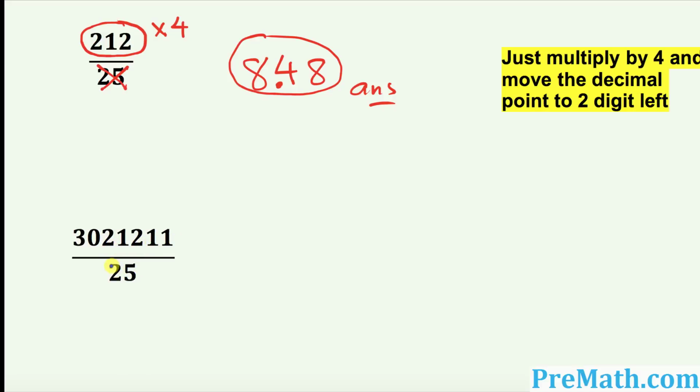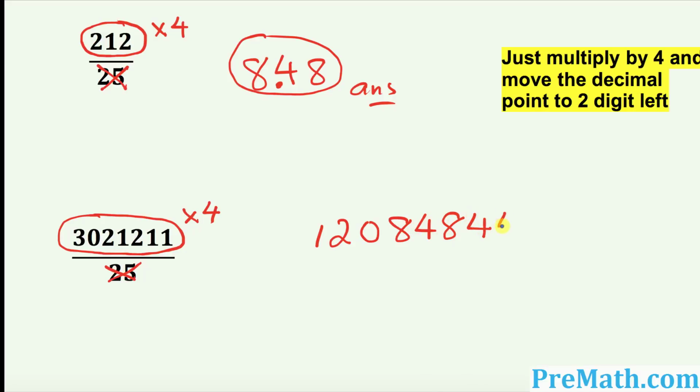How about look at this example over here. 3021211 divided by 25. Once again, do not divide by 25. Instead, this whole top number multiply by 4. Once you multiply this one by 4, step by step, that's going to give you what? Let me write down over here. 1, 2, 0, 8, 4, 8, 4, 4.